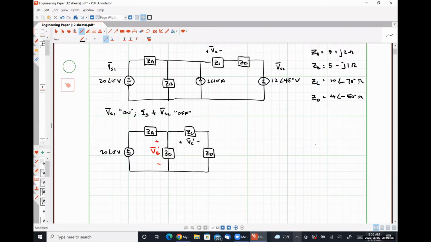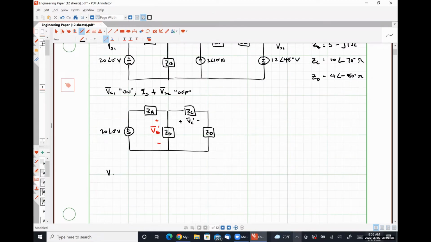So I am saying that VC prime is going to be VB prime, where VB prime would be 20 angle 0 degrees volts multiplied by, let me give myself enough room here, ZB times ZC plus ZD over ZB plus ZC plus ZD.